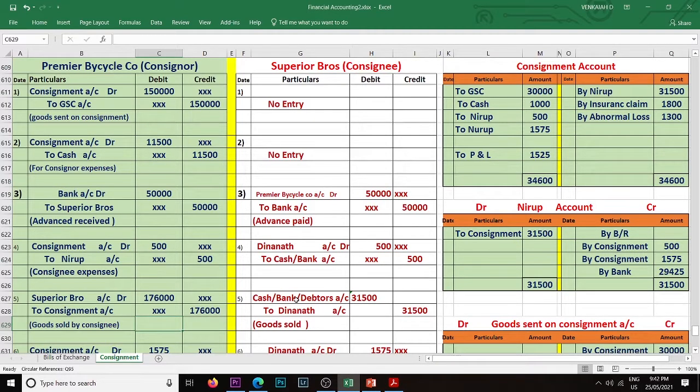Okay, students, here also we can write bank account debit to consignor name, Premier Bicycle.